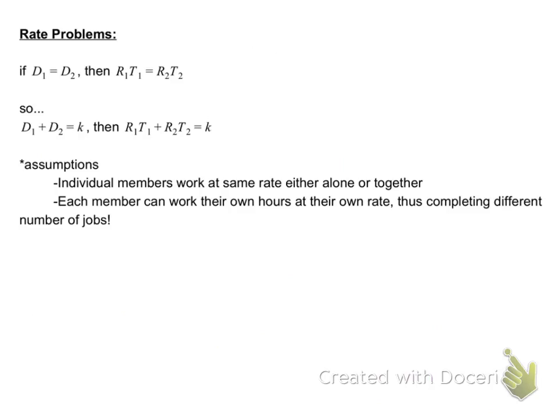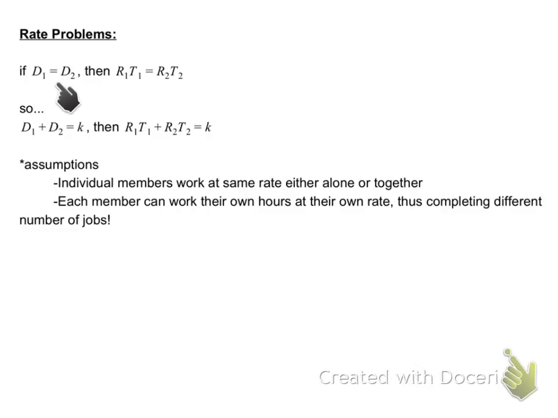Second group of problems are rate problems. Hey guys, if I ask you this question, if distance 1 was to equal distance 2, then the rate 1 times time 1 would have to equal the rate 2 times time 2. Well, because remember, distance equals rate times time, right?